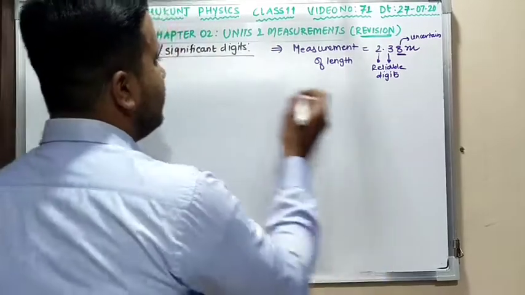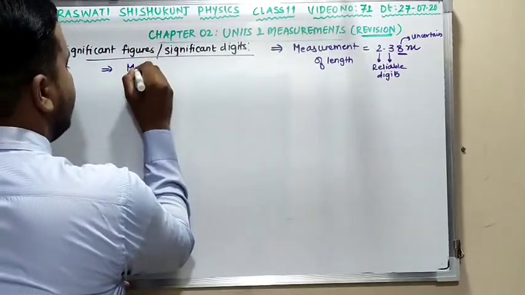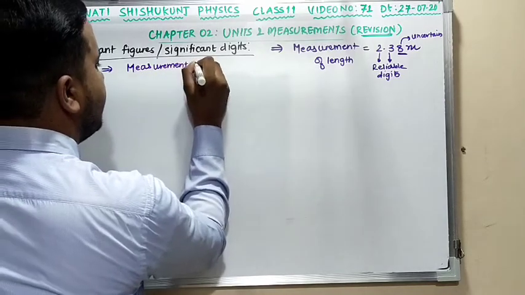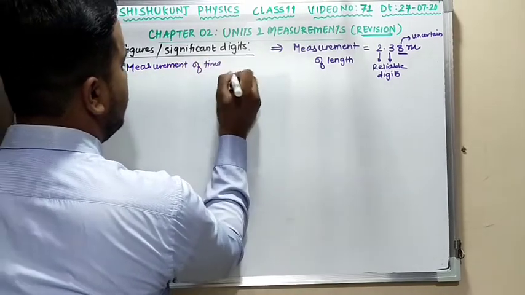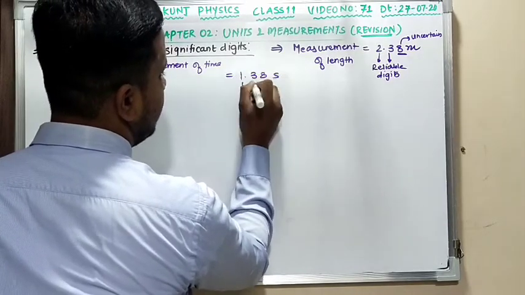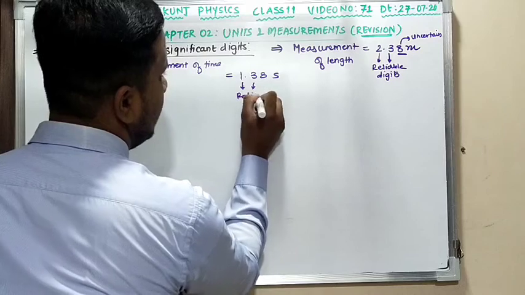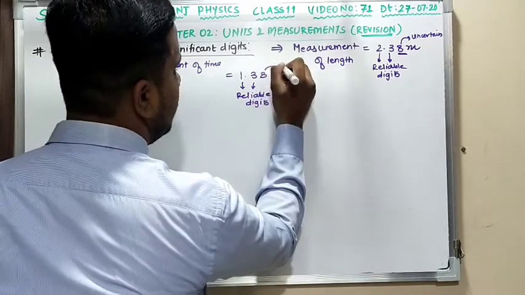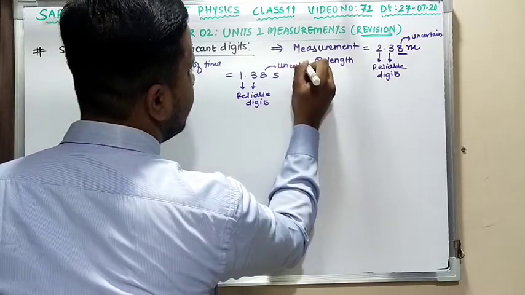Clear? Again, suppose somebody gives you a measurement of time found to be 1.38 seconds. Again 1 and 3 are reliable digits. Clear? And 8 is uncertain. Clear?